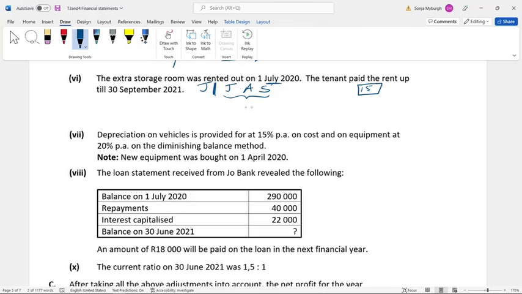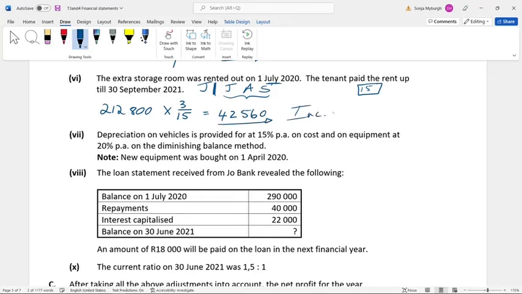The rent income amount given, 212,800, at the beginning, information A, balance is given, rent income 212,800. But 3 out of those 15 months was in advance. So we've received rent in advance 42,560.